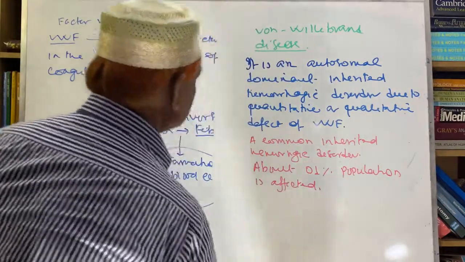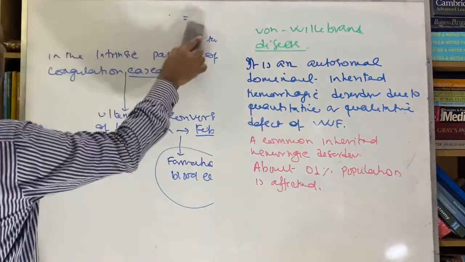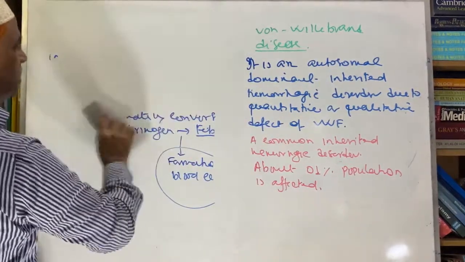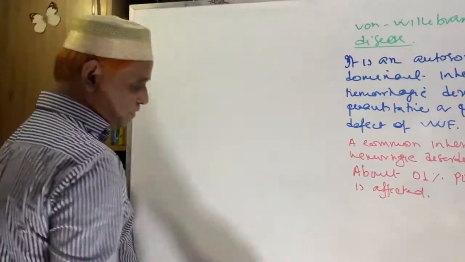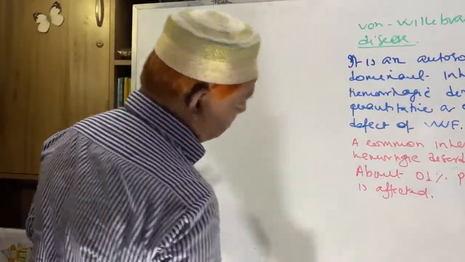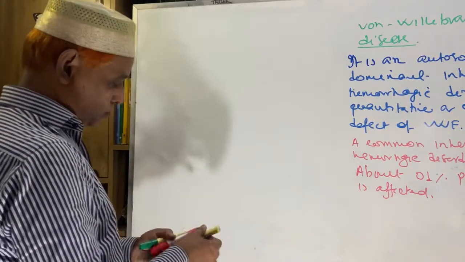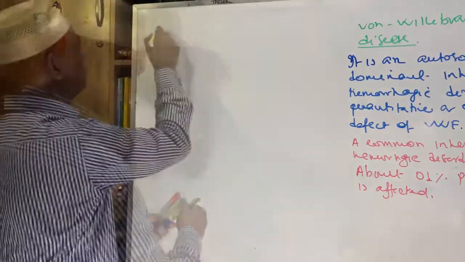So what happens in von Willebrand disease? What about the plasma level of von Willebrand factor and factor 8 in von Willebrand disease?